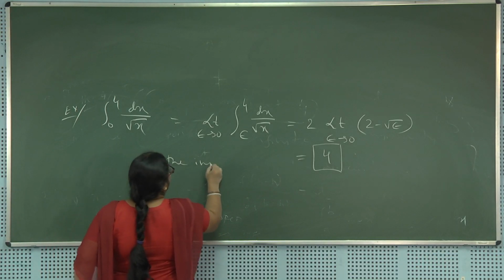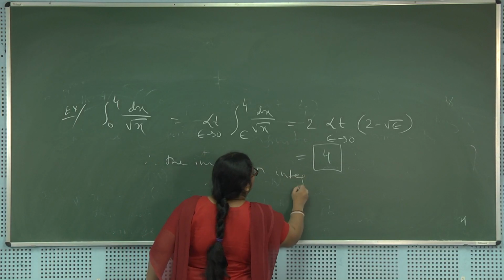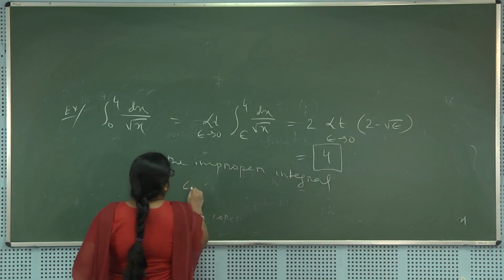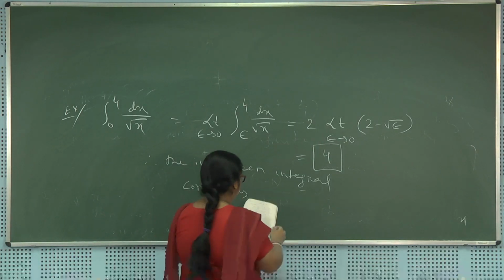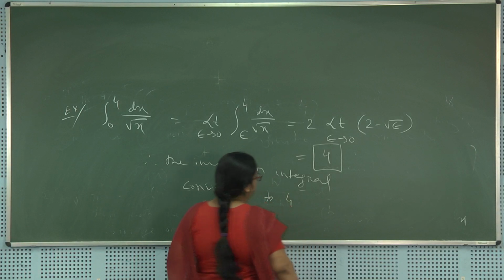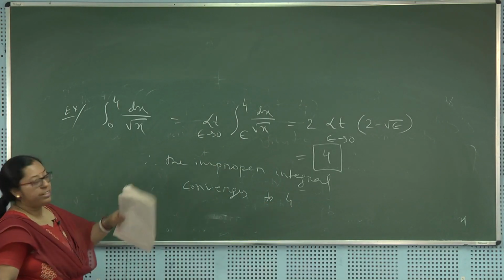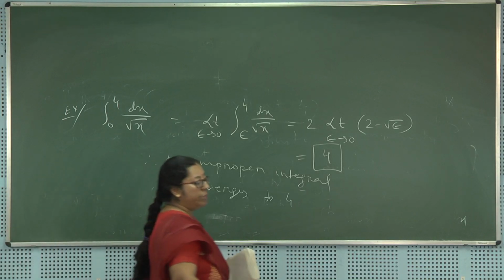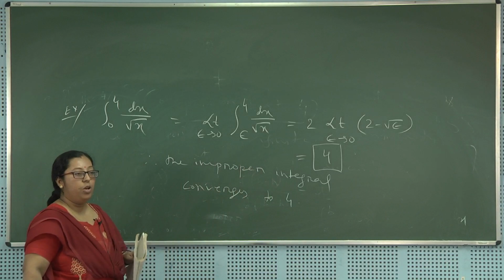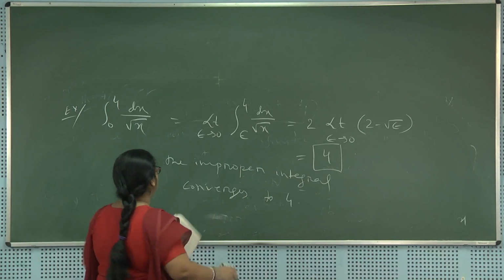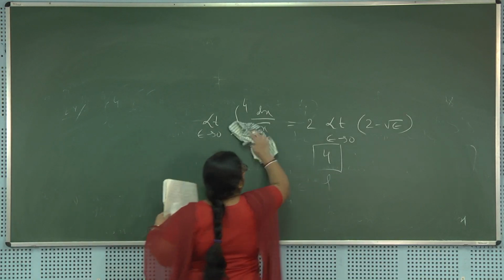Therefore, the improper integral converges to 4. But as I told you before, not all integrals can be evaluated so simply. For some complicated improper integrals, it is enough if we can comment on the convergence or divergence. The next few problems we will do will be based on that.